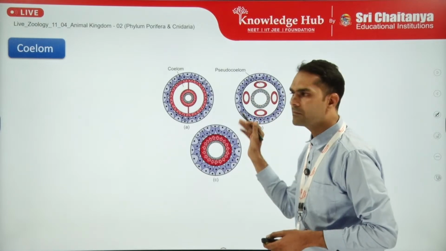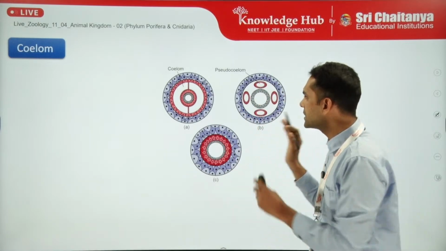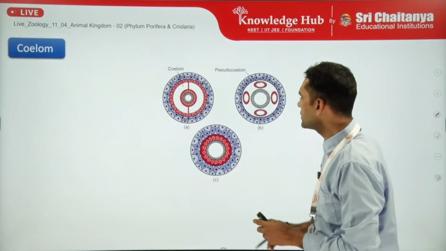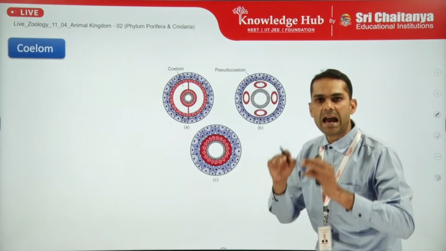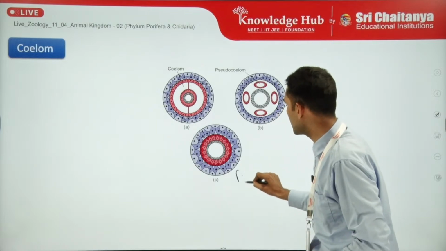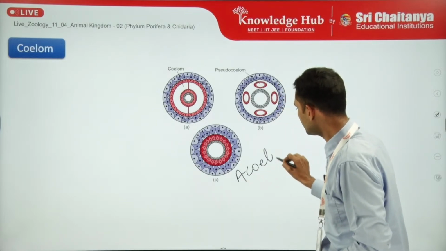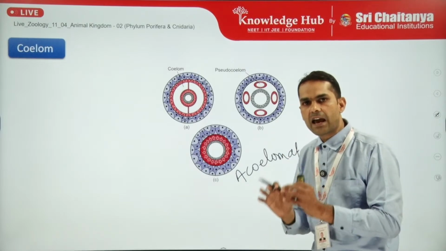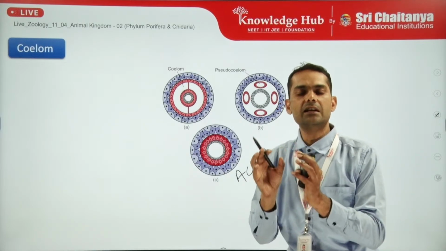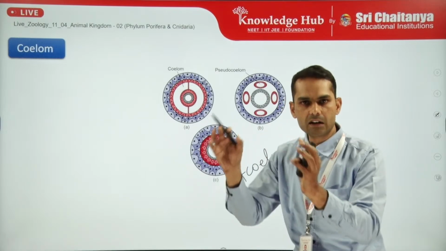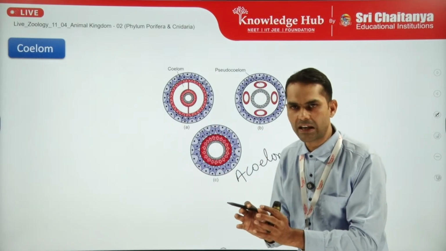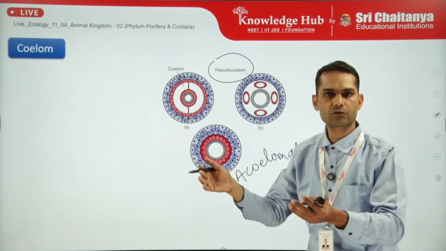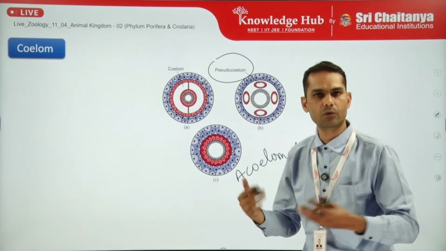So this is the NCERT diagram which displays the three categories of coelom. The first one, which does not have any body cavity, is called acoelomate. The second one, which has a cavity but present in the form of pouches scattered in the organism's body, will be called pseudocoelomate, and the cavity will be called pseudocoelom.